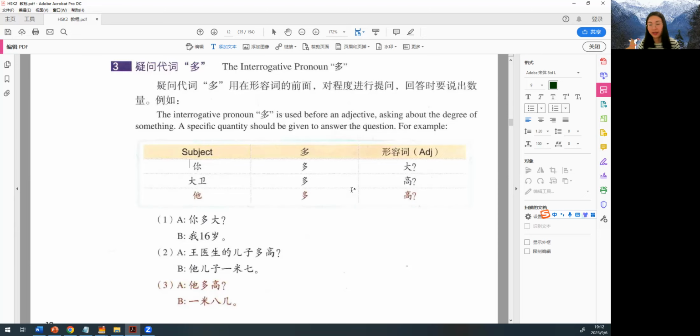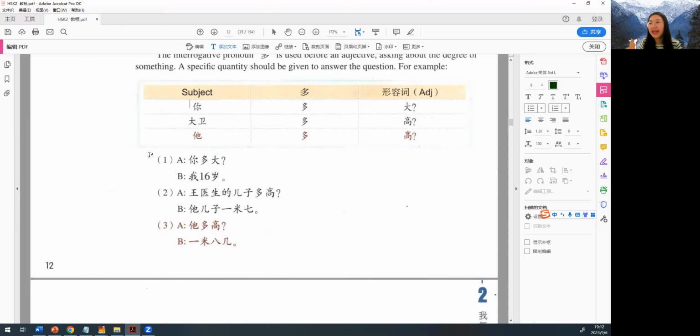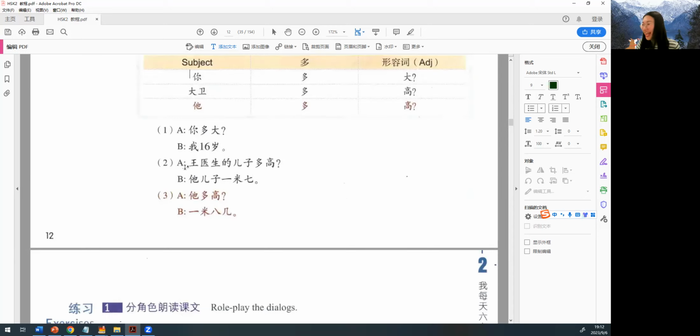How tall is he? All right, so let's look at 3 examples here. A asked, 你多大? And then B answered, 我16岁. So I ask you, 你多大? Good.